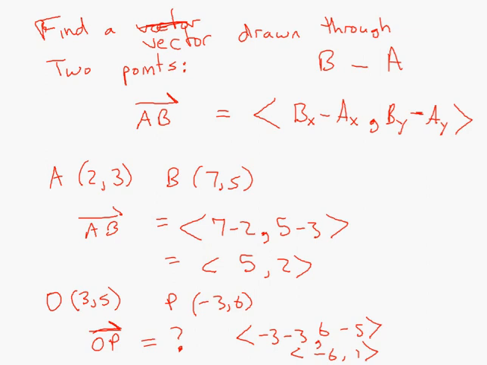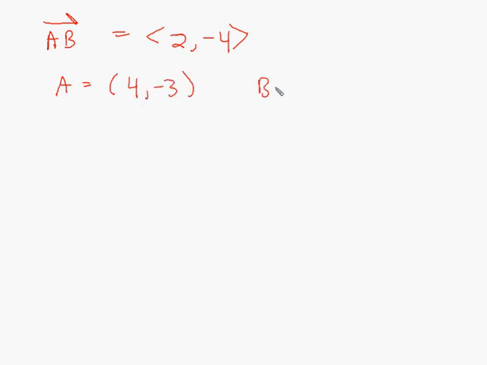Okay? Maybe I have something like this. Maybe I have vector AB, and I tell you that vector AB is 2, negative 4. And I tell you point A is 4, negative 3, and I want to know, well, where's point B?